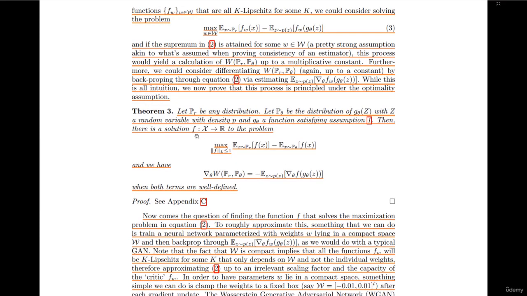Then there is a solution f to the problem of maximizing the expectation of f of x minus the expectation of this f of x, where this x is drawn from PR and this x is drawn from P theta, where f is K-Lipschitz, and we also have that the gradient of the EM distance between PR and P theta equals the negative of the expectation of the gradient with respect to theta of f of G theta of Z, where Z is drawn from PZ.